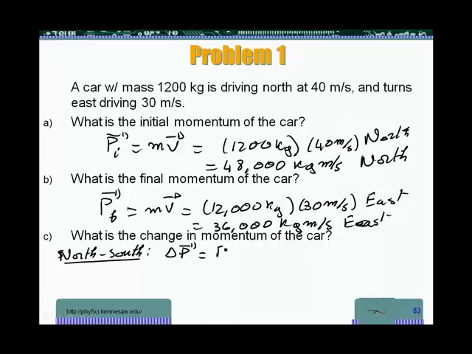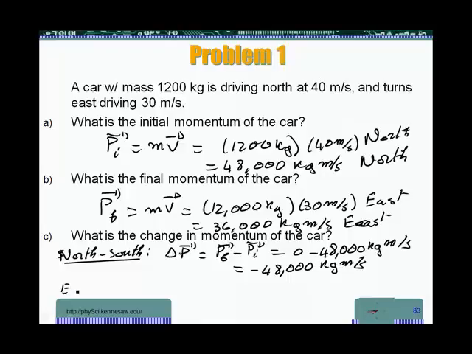We have a final momentum of 0 and an initial momentum of 48,000 kilogram meter per second. So the change is minus 48,000 kilogram meters per second.